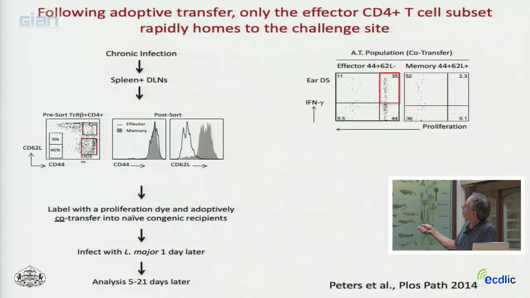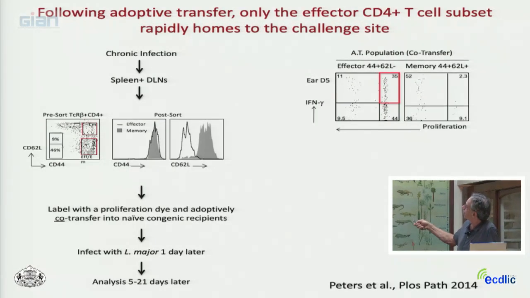There's a beautiful population of the effector cells that have been recruited to the challenge site and are secreting interferon gamma. So these are the right cells for protection. They're getting to the right place, and they're getting there pretty quickly.